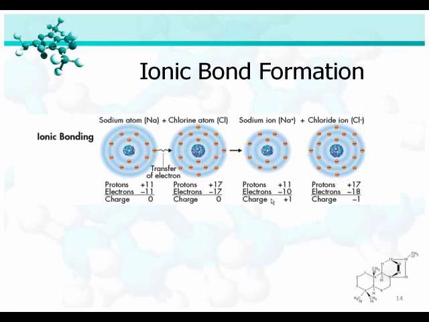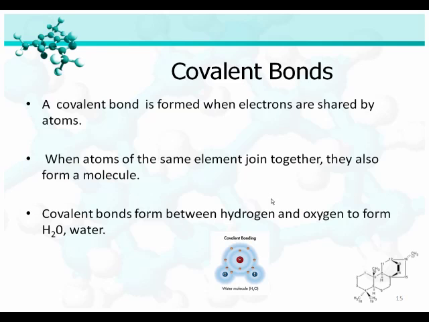When sodium loses its one outer electron, it becomes a positively charged ion. Its second energy level, which has 8 electrons, is now a full outermost energy level. The transferred electron fills chlorine's outermost energy level, forming a negative ion. An ionic bond forms through the electrical forces between oppositely charged ions.